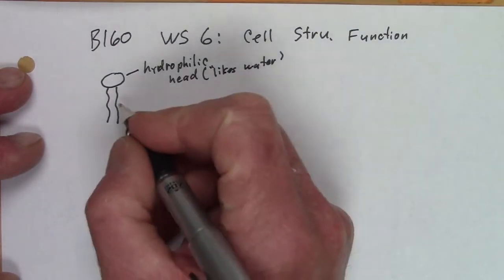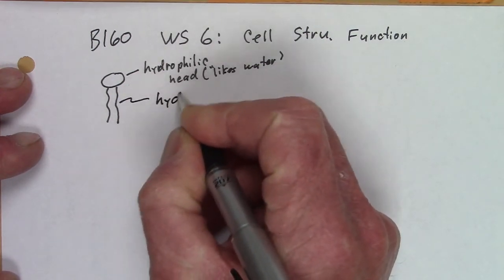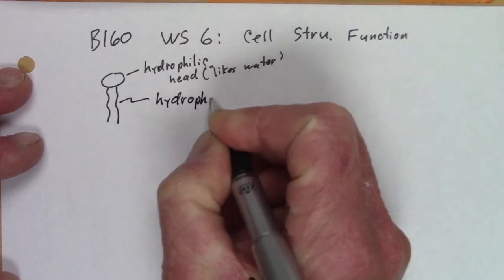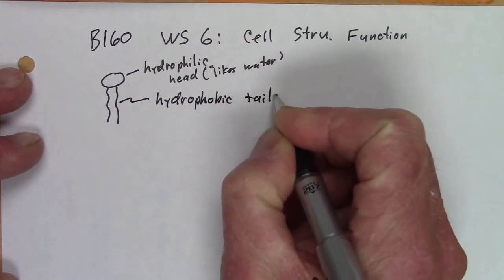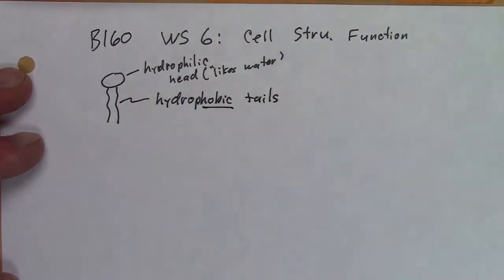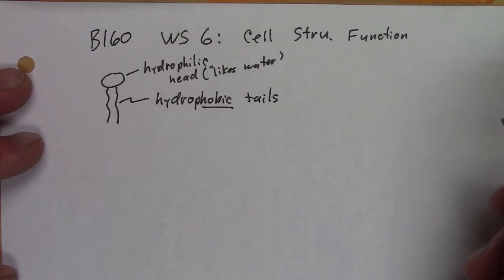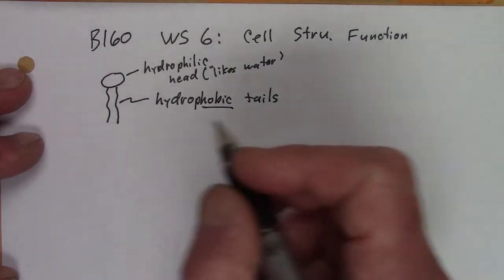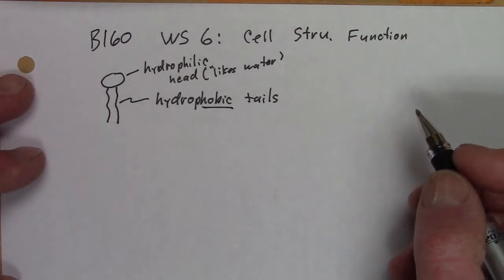And these are hydrophobic tails. And phobias are fears, so this is the water-fearing end of the molecule. And they align themselves together to make up a membrane.